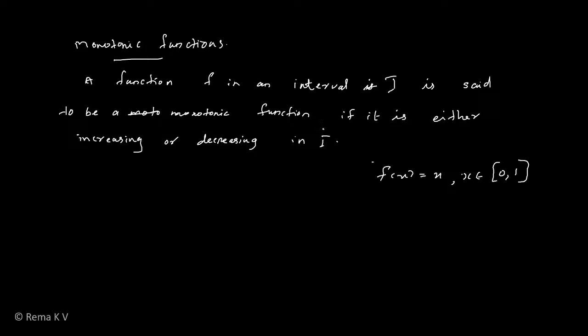In this case we call this function a monotonic function because it is an increasing function here. If we write f of x is equal to minus x, then it is a decreasing function. So in that case also we call this a monotonic function. Either increasing or decreasing functions are known as monotonic functions.